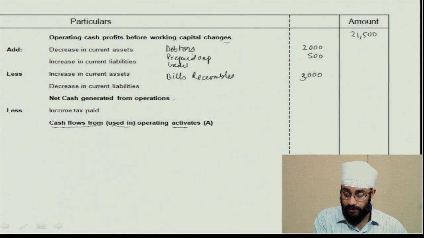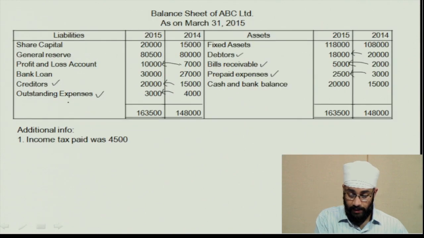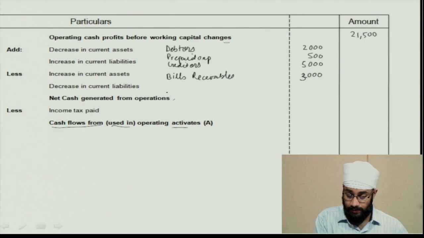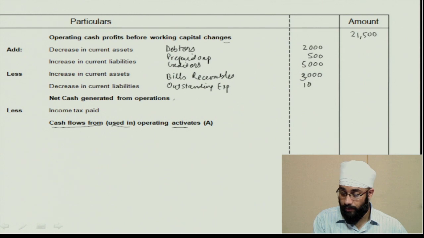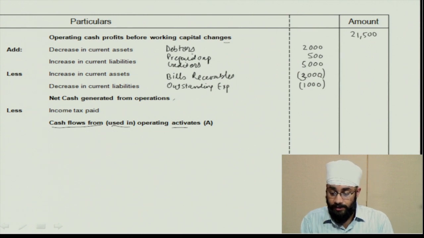Here creditors go up by 5,000 and outstanding expenses go down by 1,000. Now we need to add these three and deduct these two. So I'll put these last two figures in parentheses, which indicates these are negative figures.